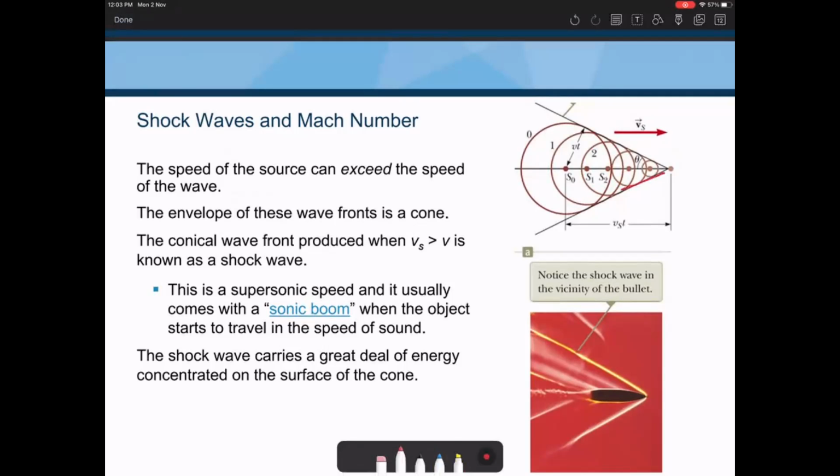And this single line contains all the sound energy from various sound waves. So that would be a very loud, explosive sound that comes out.